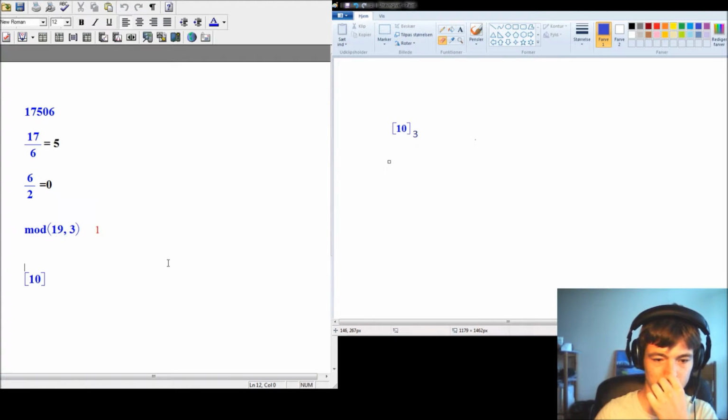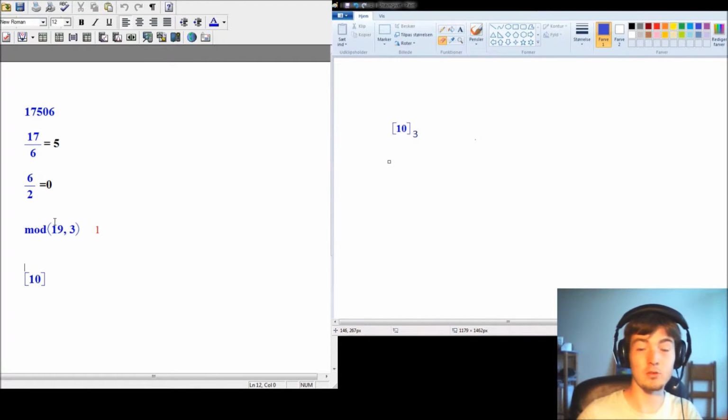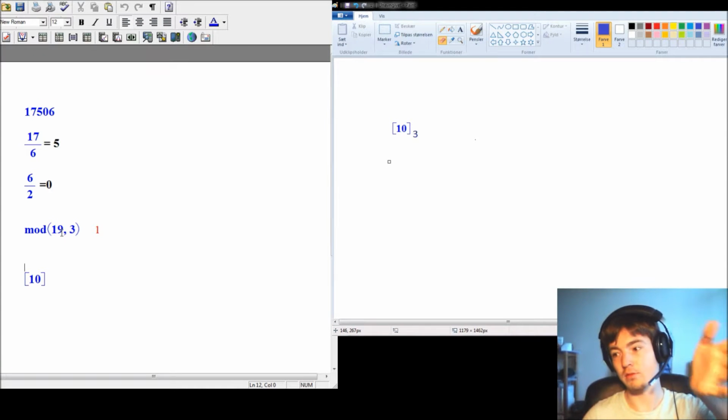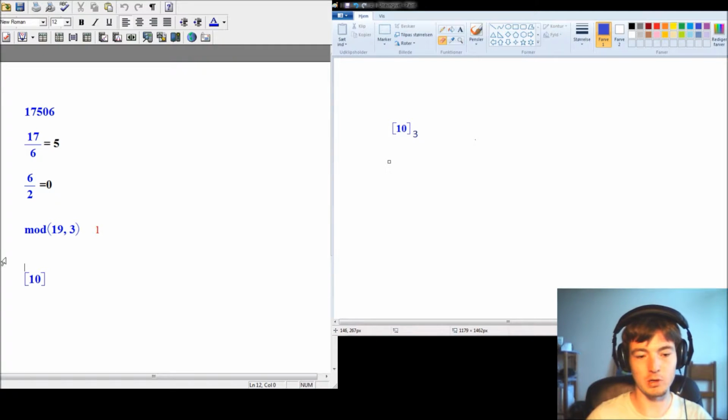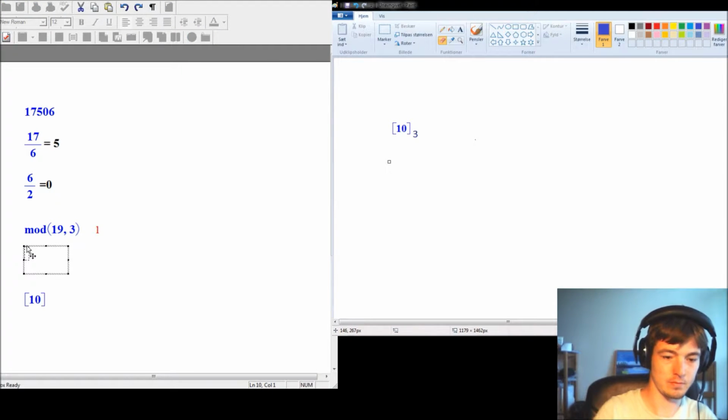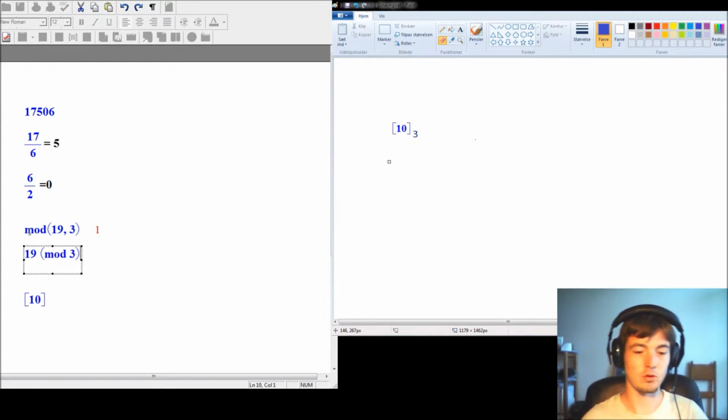Let's see if I remembered correctly. Yes, I did. The notation is a little bit different because my program needs it in a special way. Normally I'd write 19 parentheses mod 3. So this means 19 modulo 3, which means 19 divided by 3 and what's left over.